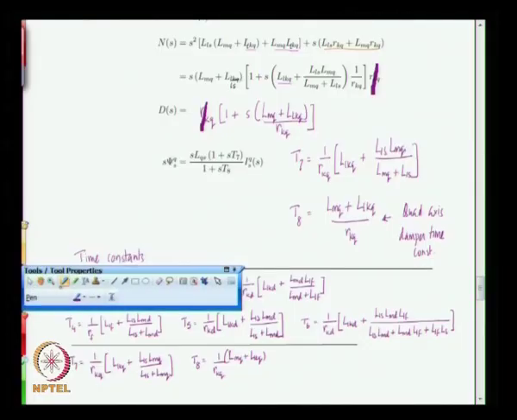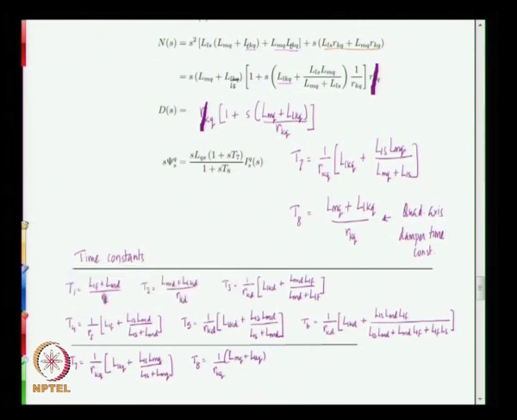So, here we have summarized all the expressions that we have derived. T1 is nothing but LLF plus LMD by RF.